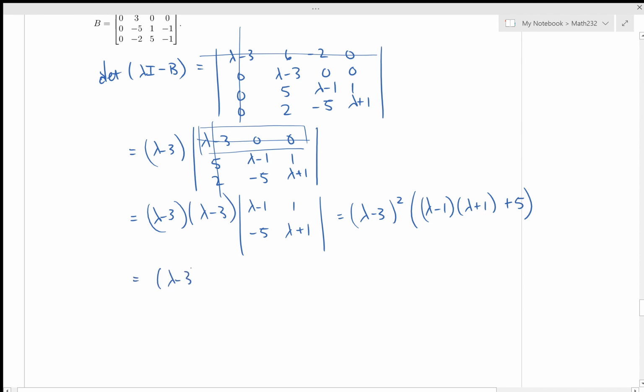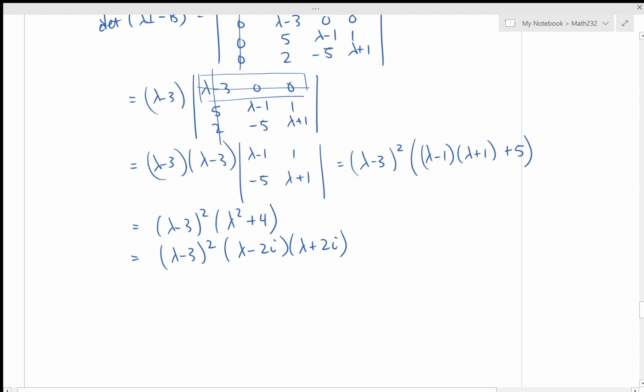Lambda minus 3 squared, lambda squared plus 4, and then I factor, and I get here lambda minus 2i, lambda plus 2i.